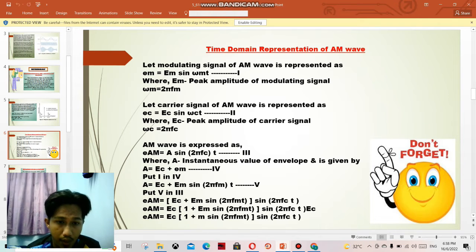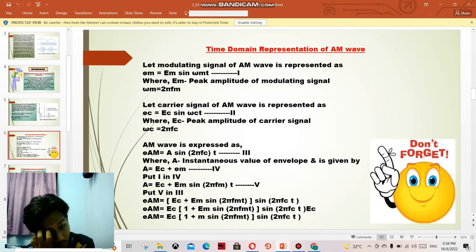The AM wave is expressed as follows, so this is the formula to find AM. The instantaneous value is given by A equals Ec plus em. This is the equation for the formula.